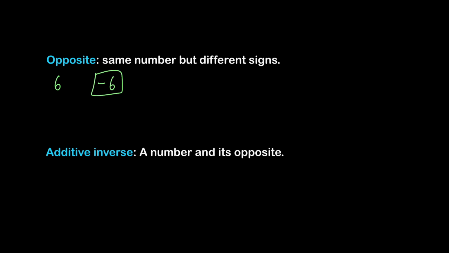This is the answer. And what if I give you negative 3? The answer will be 3 because that's the opposite. They have different signs. And opposite can also apply to other things. Like if I give you left, the opposite of left is right. Okay.